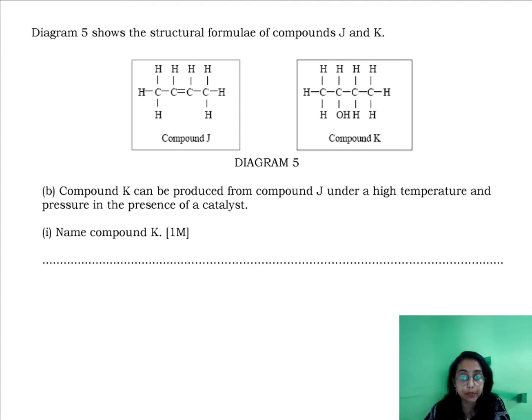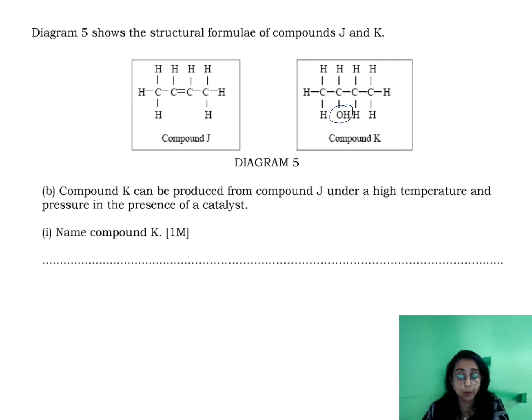So let's look at compound K, and the moment we see there's an O there, it is no longer a hydrocarbon, it becomes a non-hydrocarbon. So definitely what must come to your mind is no more alkene or alkyne. This is going to be alcohol, carboxylic acid or ester. Look at the functional group OH, that means it's going to be alcohol.